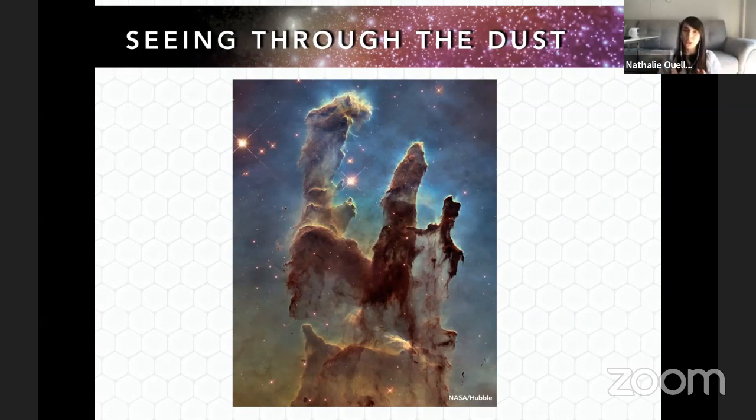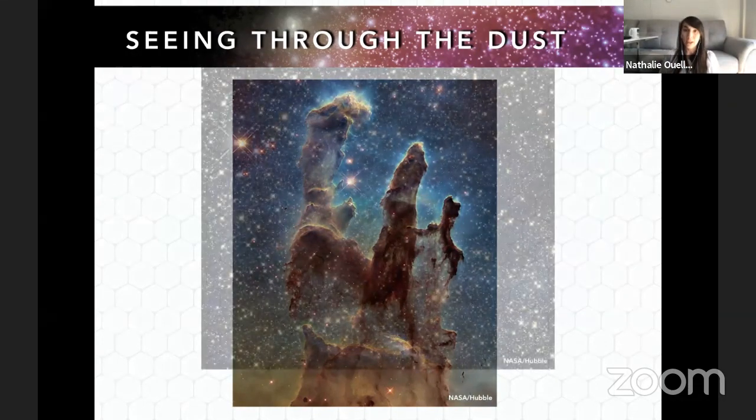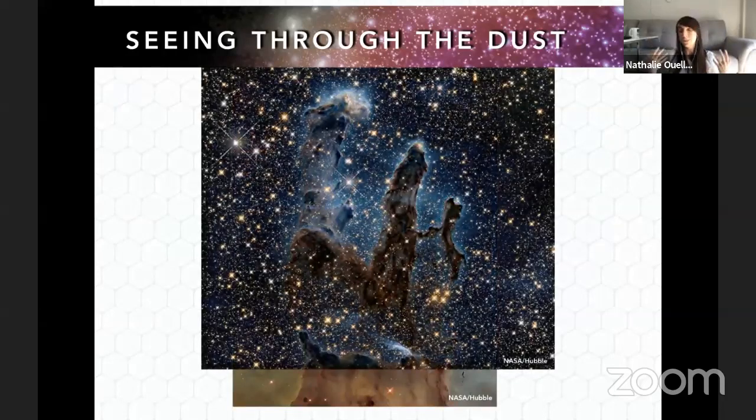So here you have the Pillars of Creation taken in visible light, but if you look at exactly the same image, now in infrared light, you'll be able to see lots of information that was blocked out by the dust here. So you get to punch through the dust essentially to figure out all the things that the dust is hiding. Using infrared light allows you to do that, so it's super important.